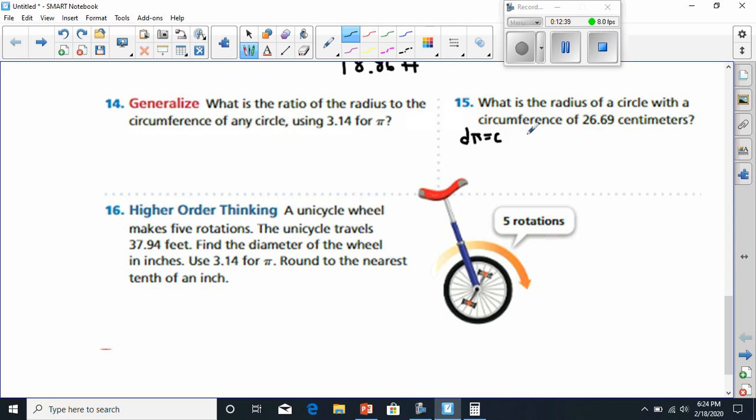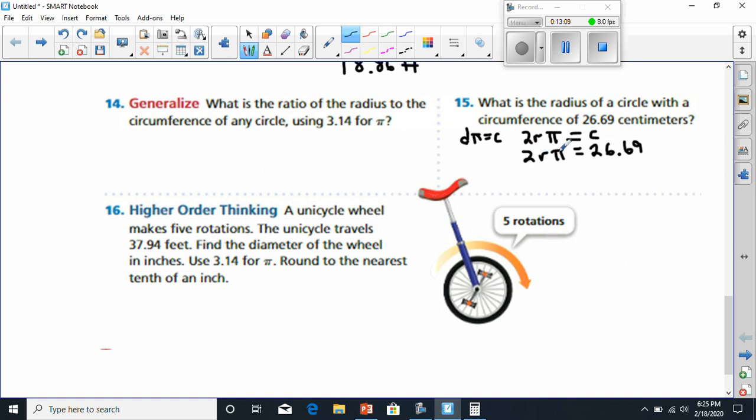The other one is the radius times 2 times pi equals the circumference. So now that they told us the circumference is 26.69 centimeters, that has to equal pi times the radius times 2.